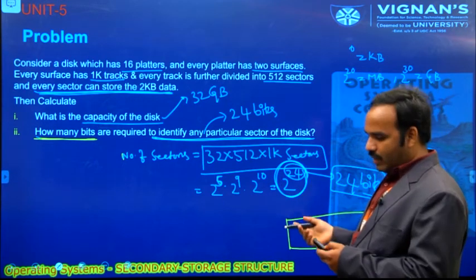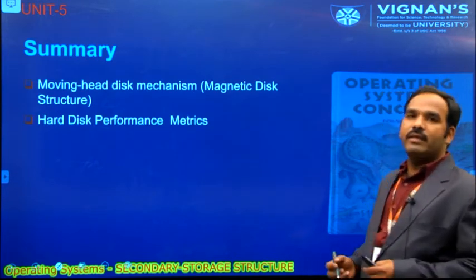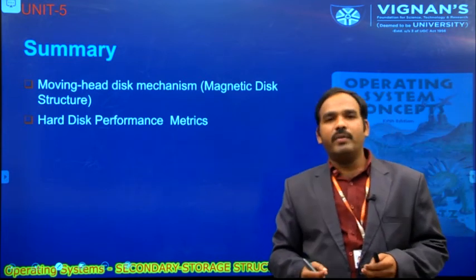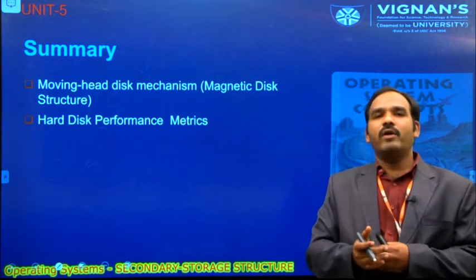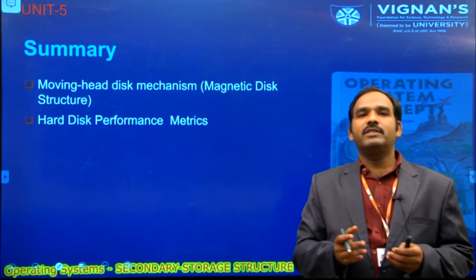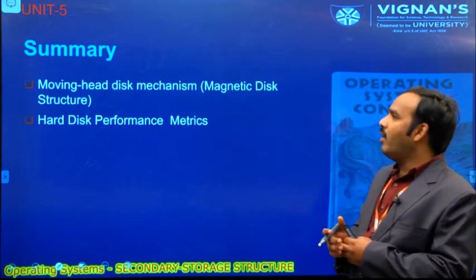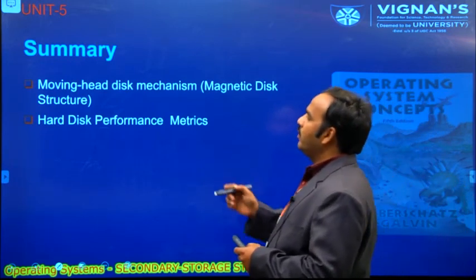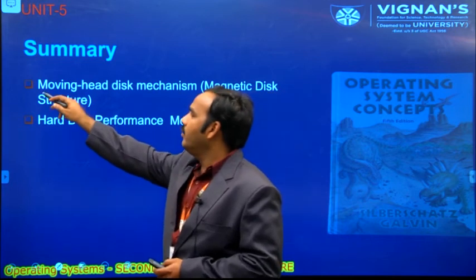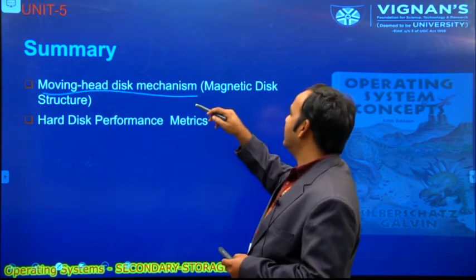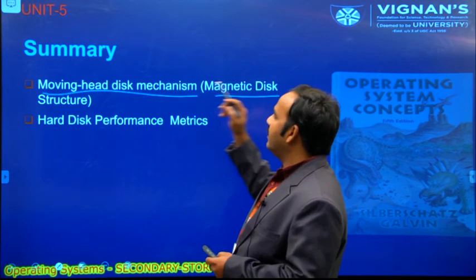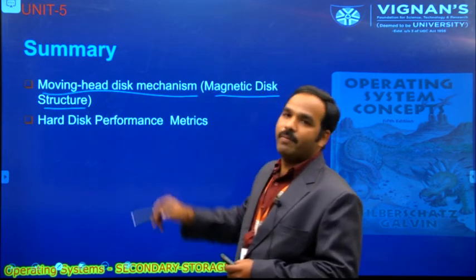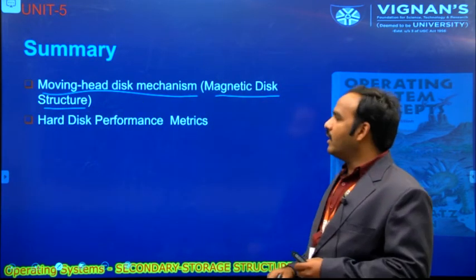If they ask, you can calculate like this. And finally, in this first topic of the fifth unit, we have studied the physical structure and how the disk moves, the moving head disk mechanism, that is, the magnetic disk structure, in this lecture.